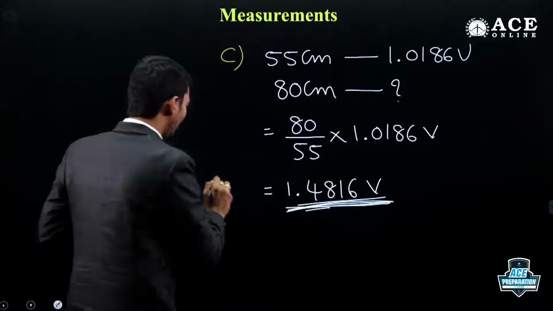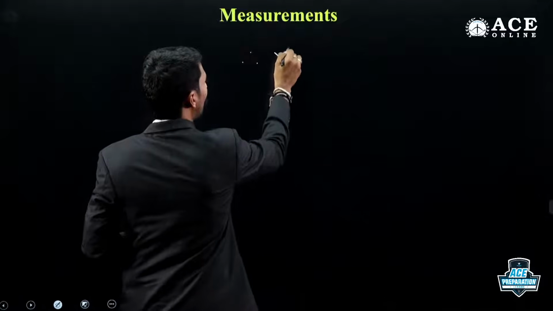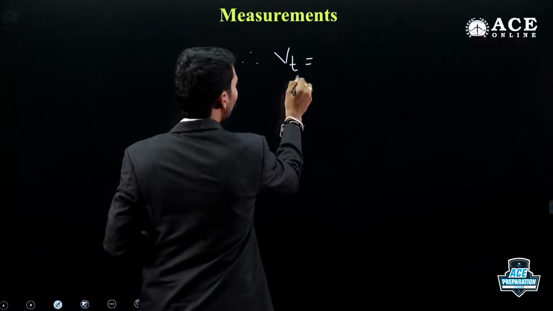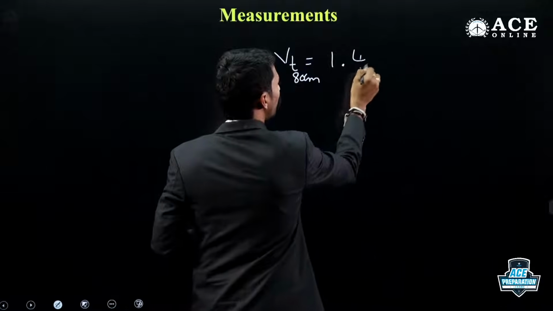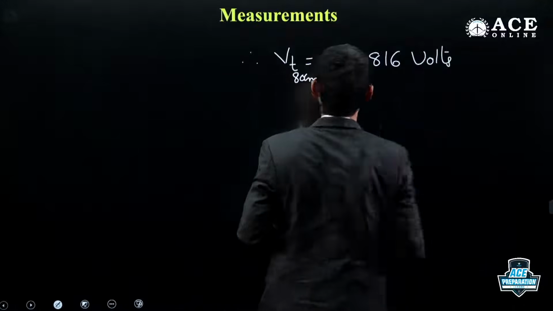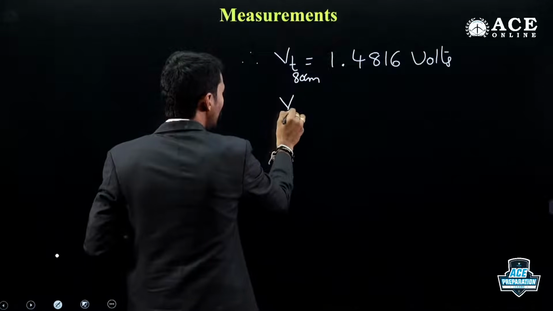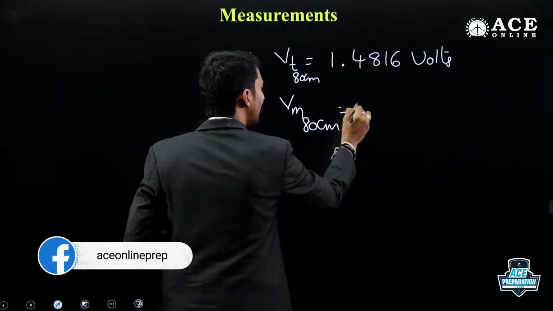Okay. Now, what can we write here? Therefore, sir, true value of voltage at 80 centimeter is 1.4816 volt. Okay. And sir, what is the measured value at 80 centimeter he has given?